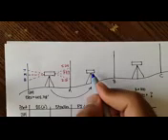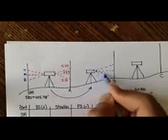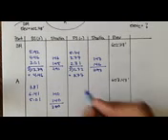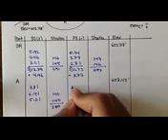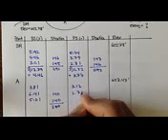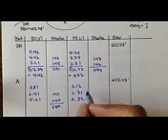so when you sight from here to here, and you read the top, middle, and bottom, you get 3.12, 1.71, 0.32. Let's check the stadia.